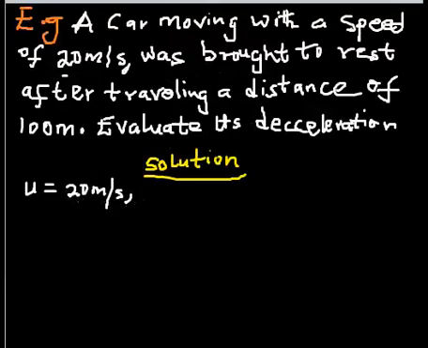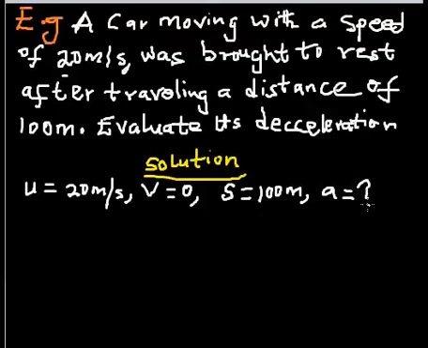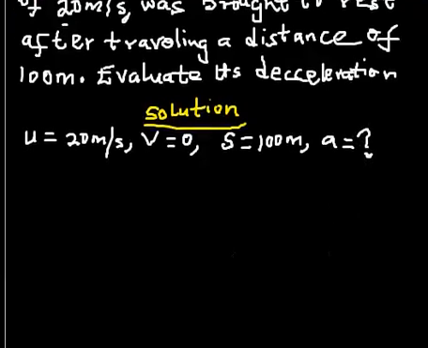Remember what I told you about coming to rest: when an object comes to rest, the final velocity is equal to 0. After it traveled a distance x of 100 meter. So now the question is for us to find the deceleration, which of course is the same as the opposite of acceleration, all right? So how do we achieve this?